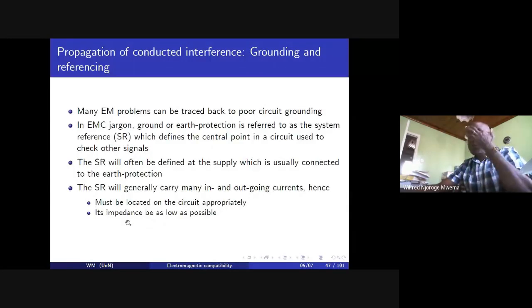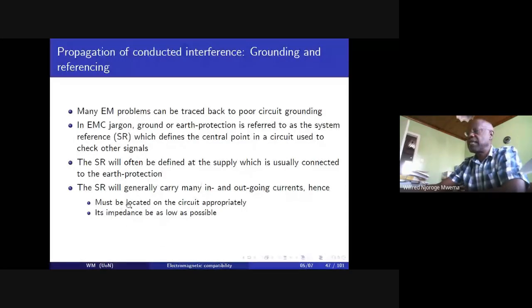For those of us who will be doing electrical wiring, you will see that many times the earth of your house will be connected to a thick copper rod, which we call the earth rod, and it will be hammered into the earth itself. We must make sure that the connection between that earth rod and the earth is as low impedance as possible.